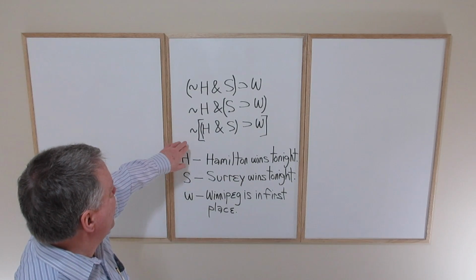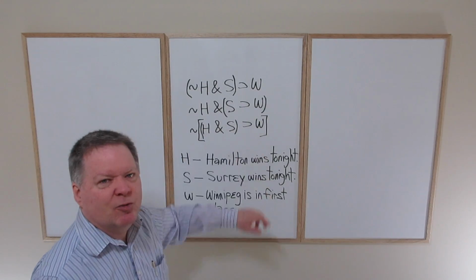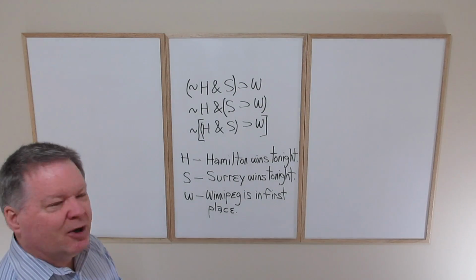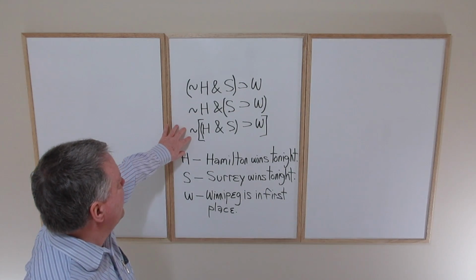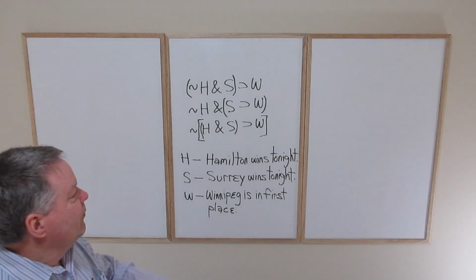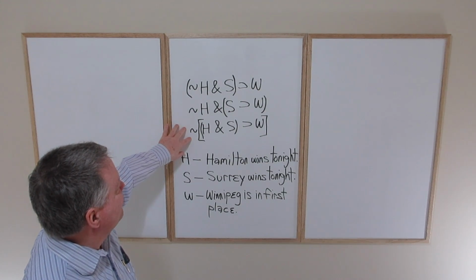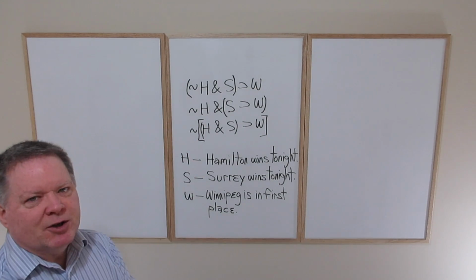Someone in response might say, no, that's wrong, your claim that if these two teams win, then Winnipeg's still in first place. So this is a denial of a conditional relation. And as such, the kind of sentence this is, is a negation.